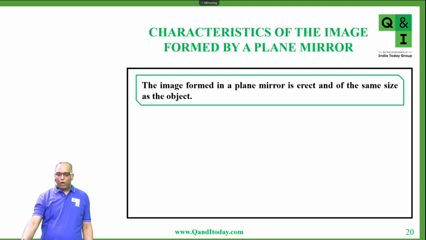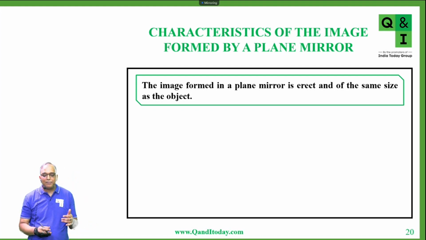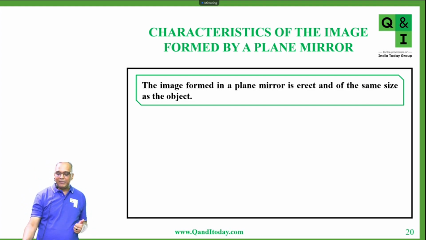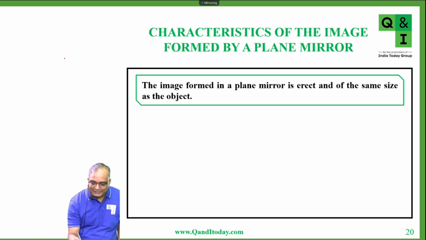So let's talk about the characteristics of the image which is formed in a plane mirror. The image formed in a plane mirror is erect and the same size as the object. That means, let's say this is a mirror. If this is the object, the image formed will be of the same size.